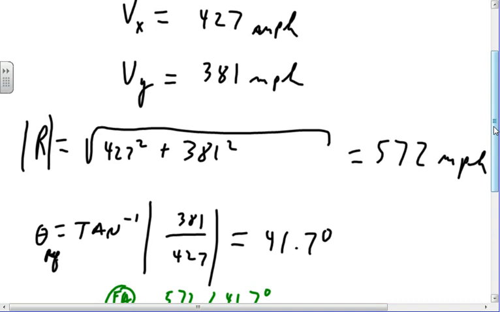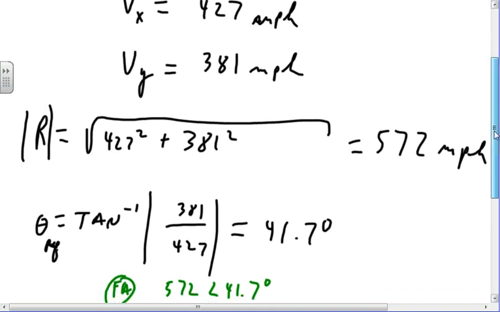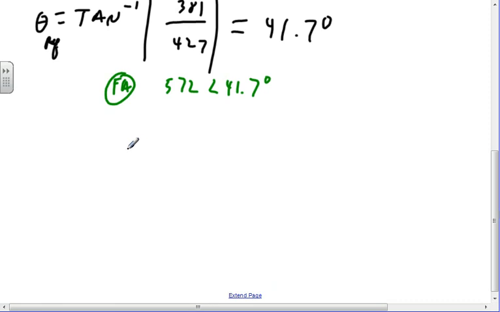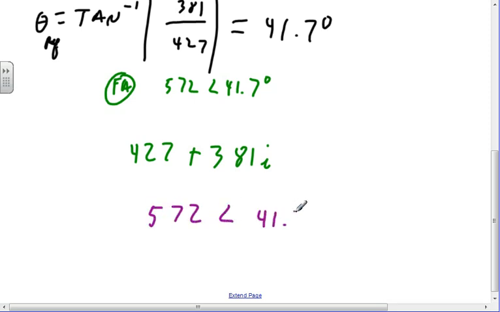I hit the enter button, and the calculator tells me the answer is 572 angle 41.7 degrees. So that's what my calculator does.